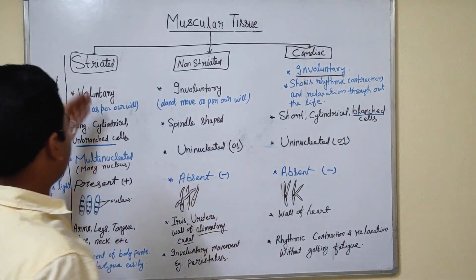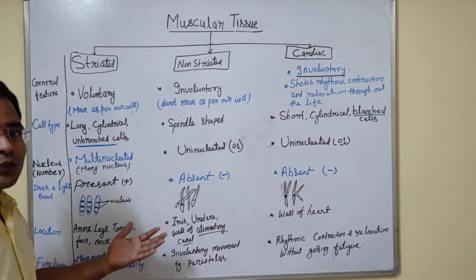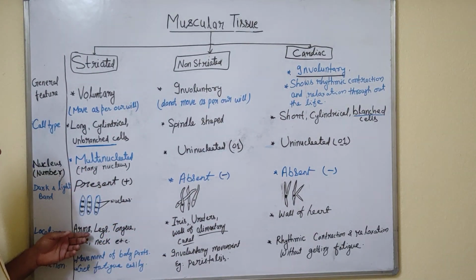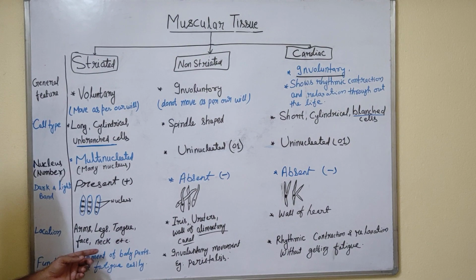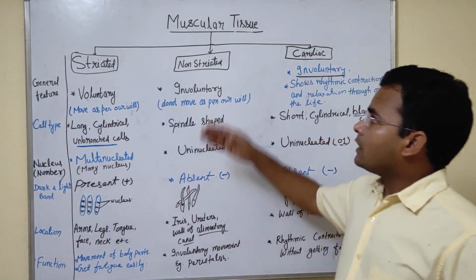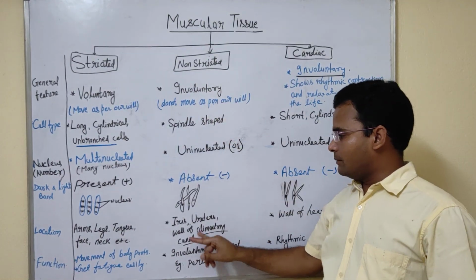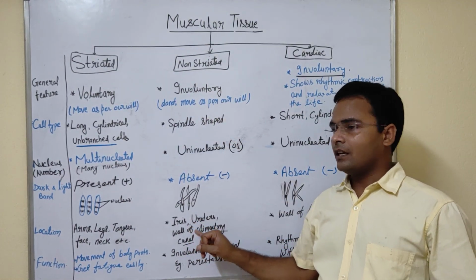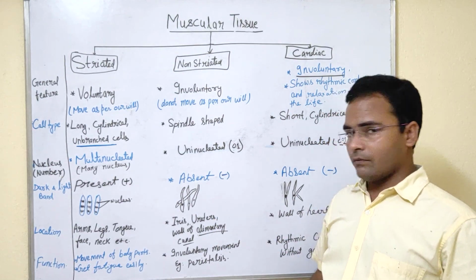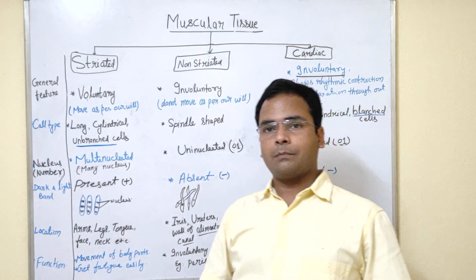So striated muscles are also known as voluntary muscles. Their location will be in arms, legs, tongue, face, neck, etc. Non-striated muscles, since they are involuntary in nature, will be present in the iris, in the ureter, the wall of the intestine, and some other internal parts.